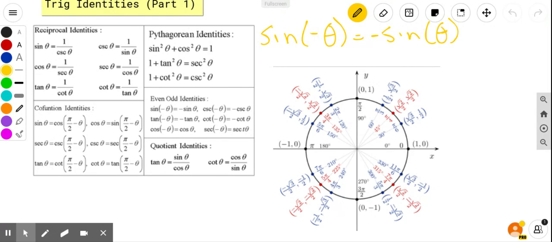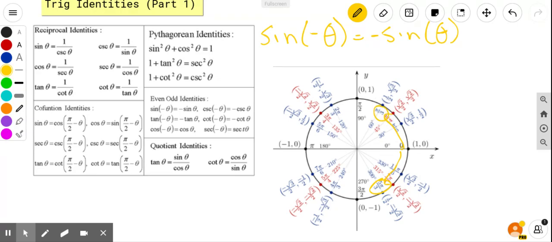So let's say I rotate 60 degrees clockwise. 60 degrees clockwise would take me here to 5 pi over 3. I'm sorry, counterclockwise to represent the positive rotation of the angle. It would take me here.